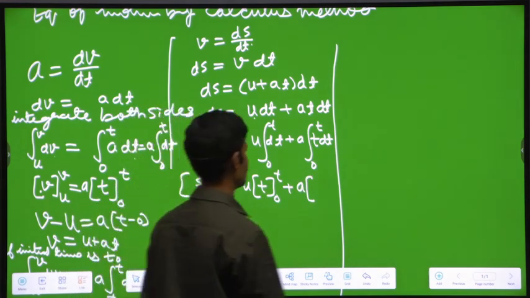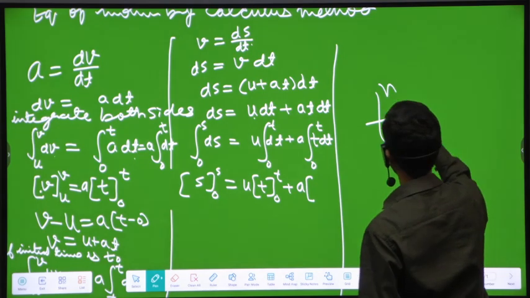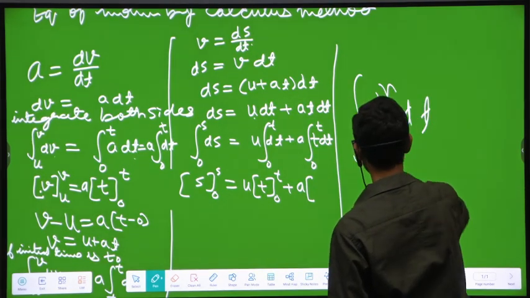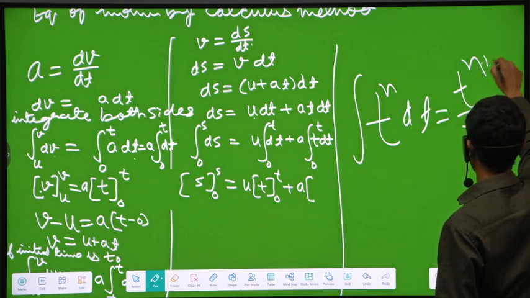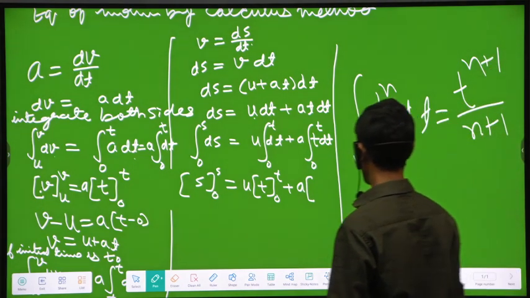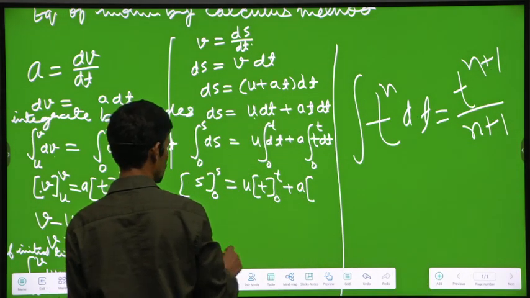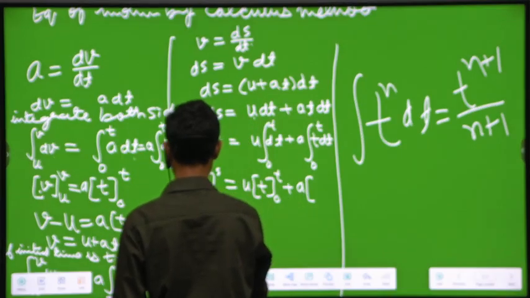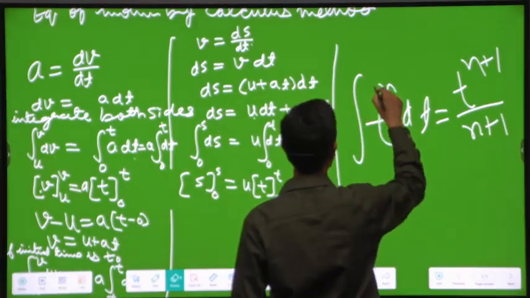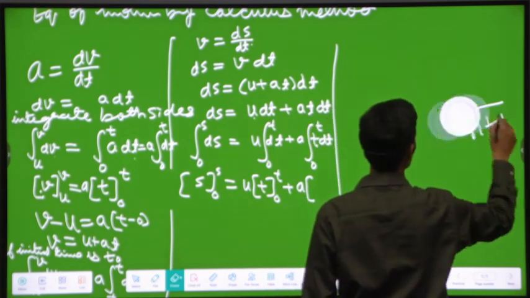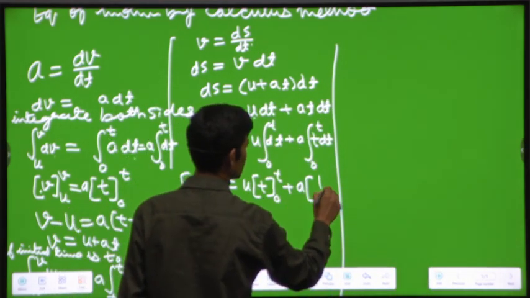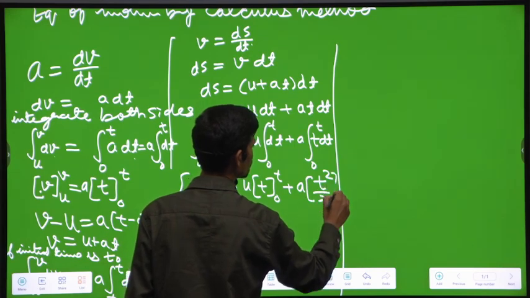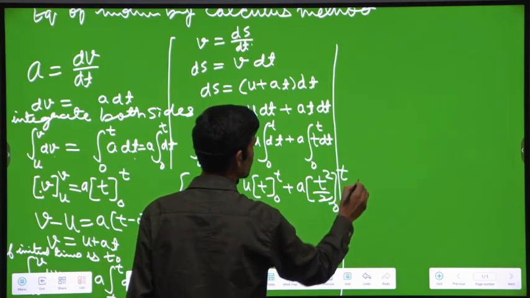Here, as I told you, the integration of t to the power n dt is t to the power n plus 1 by n plus 1. So the same thing we are going to use here. Using that, it will be t square by 2, 0 to t.